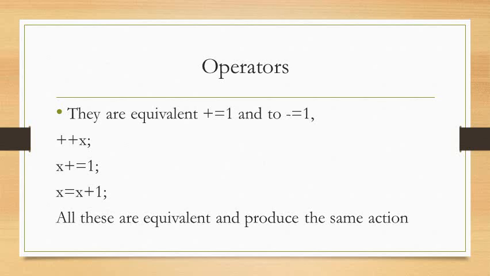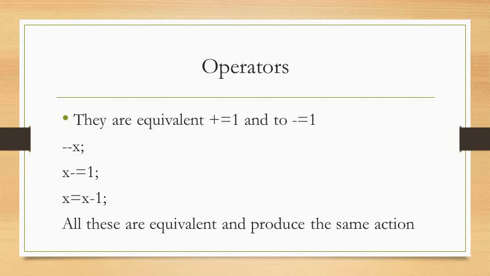Wow. All these are equivalent and they produce the same action. Whether you use plus plus x, x plus equal to 1, or x equal to x plus 1, in either case, you are incrementing your value of x by 1. You get it? Now, let's look at the opposite of it. The minus equal to 1 is the same thing with minus minus x, x minus equal to 1, x equal to x minus 1.